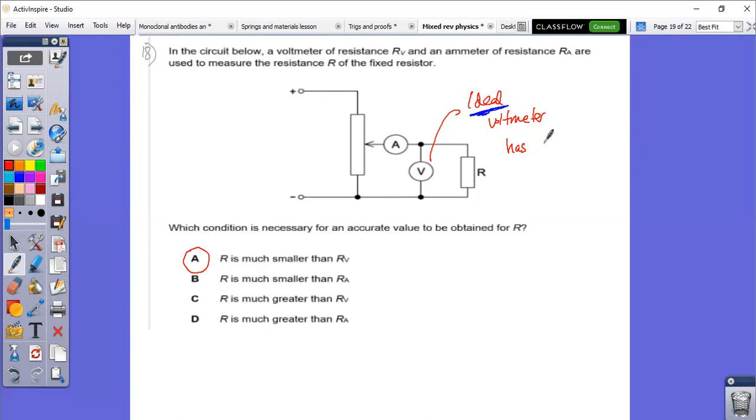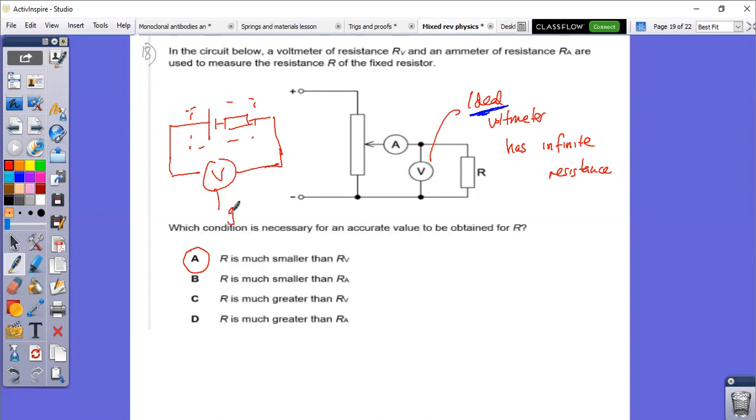Ideal voltmeter has infinite resistance. That is why when we are finding the EMF of a cell and we connect a cell with an internal resistor and you connect a voltmeter across it, this voltmeter will only give you the value of the EMF because there is no current passing through.